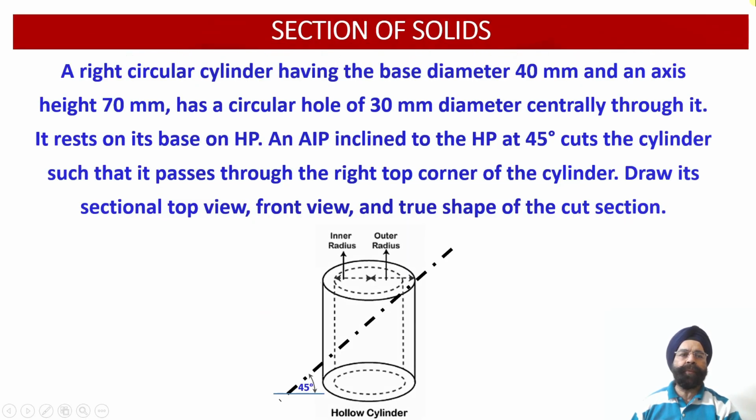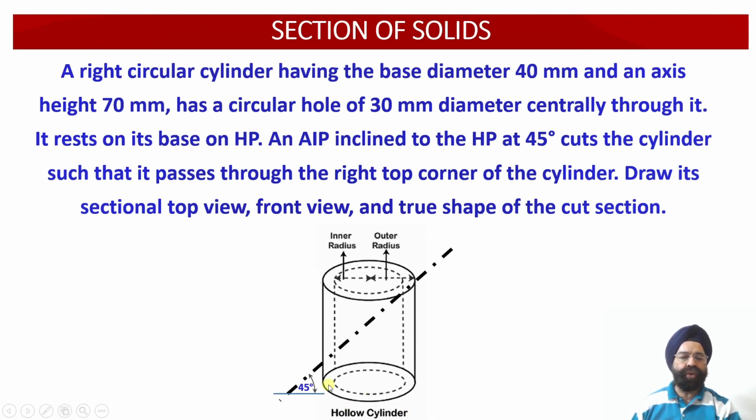Now here we have been provided with a right circular cylinder having base diameter 40 millimeter and axis height provided to us as 70 millimeter. This right circular cylinder has a circular hole of diameter 30 millimeter drilled centrally through it, and this hollow cylinder is resting on its base on the horizontal plane.